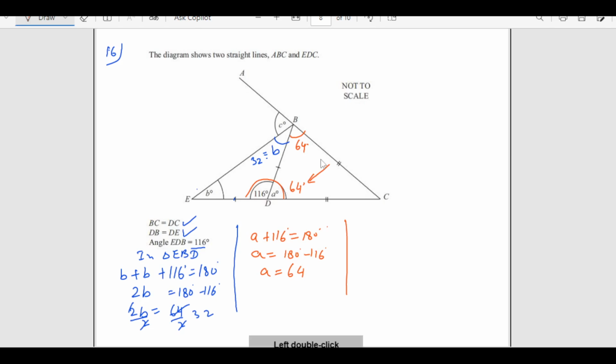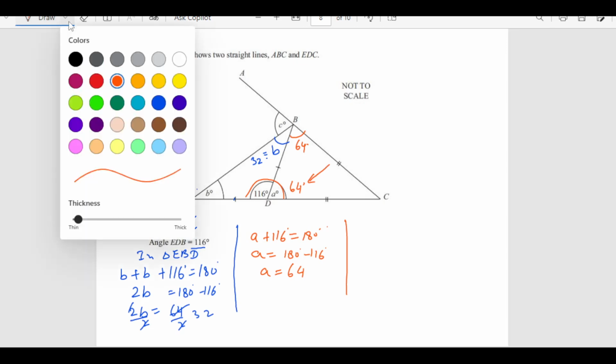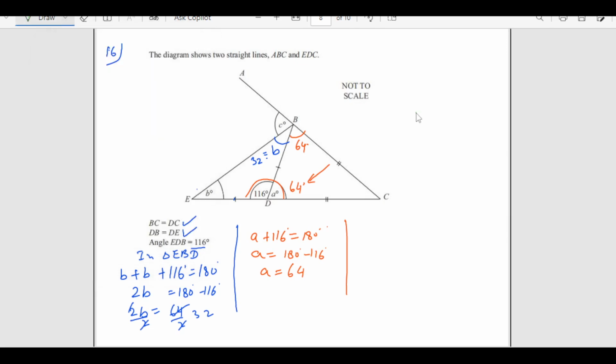So now we will see here, from here to here, we will just take on the straight line again. So the straight line that we have, which color, let me take green one here. So this angle is on a straight line, so that means C plus B plus 64 is 180, right?